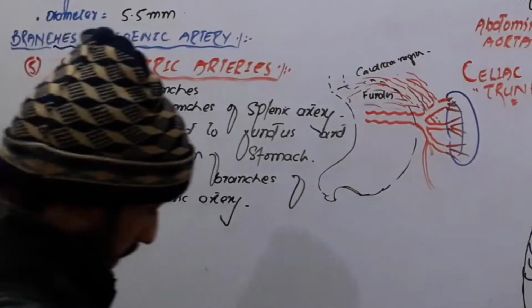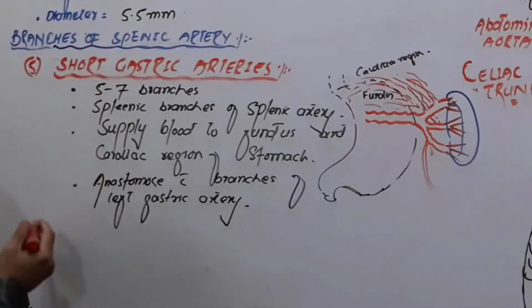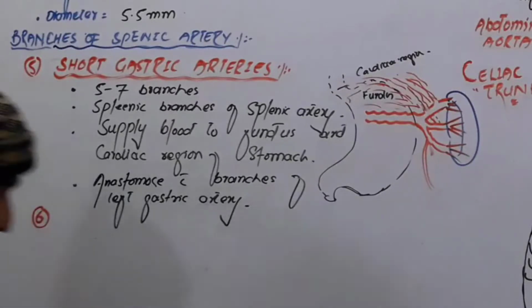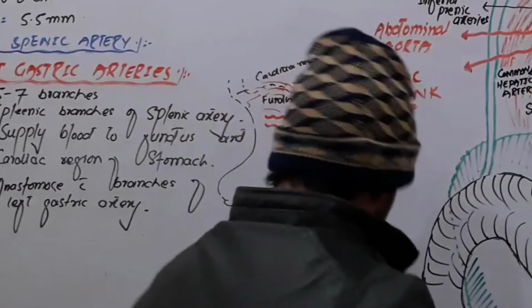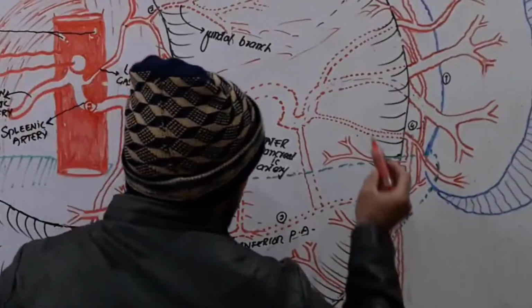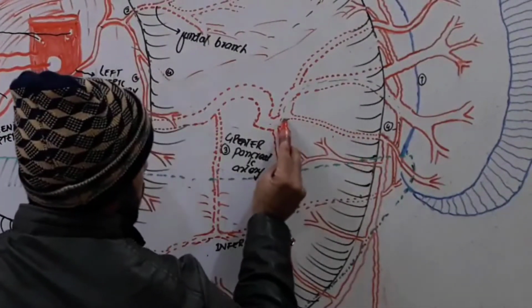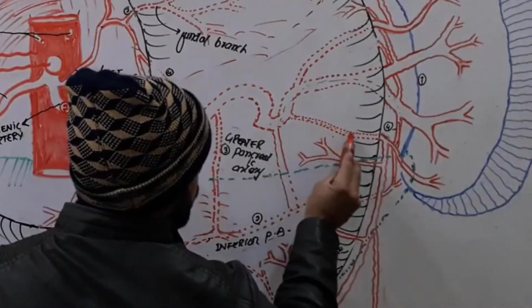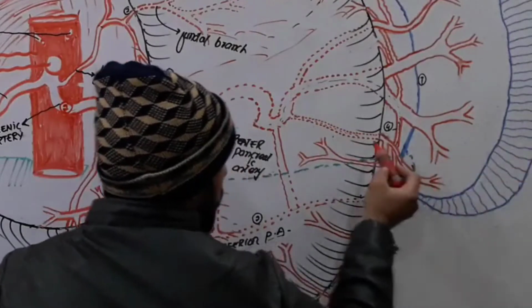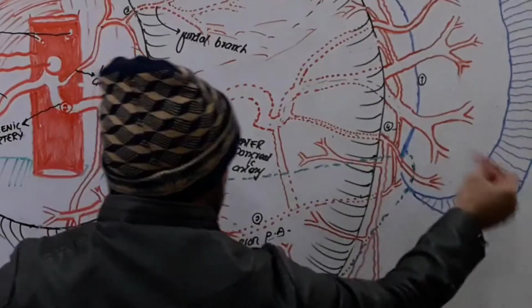Done. Then the next branch, the sixth one, we call it the left gastroepiploic artery. Follow me here again, look carefully friends. This is a trunk which separates from the splenic artery towards the inferior aspects of the spleen.